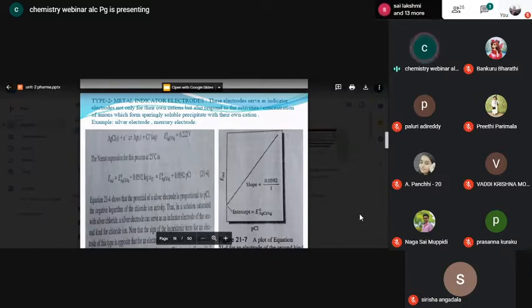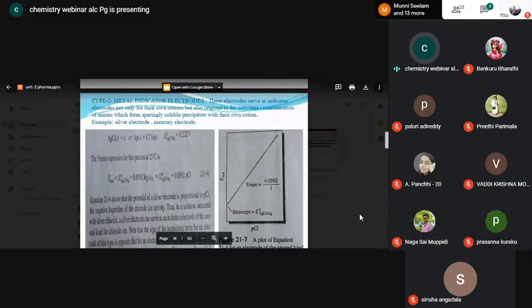So how many equilibriums are now established? Two equilibriums are established. Is it clear? What is the initial equilibrium established? The initial equilibrium was established between 90 Ag plus ions and 10 AgCl precipitate. After that, what happened? I told you that AgCl precipitate is having the ability to undergo dissociation to a very small extent.